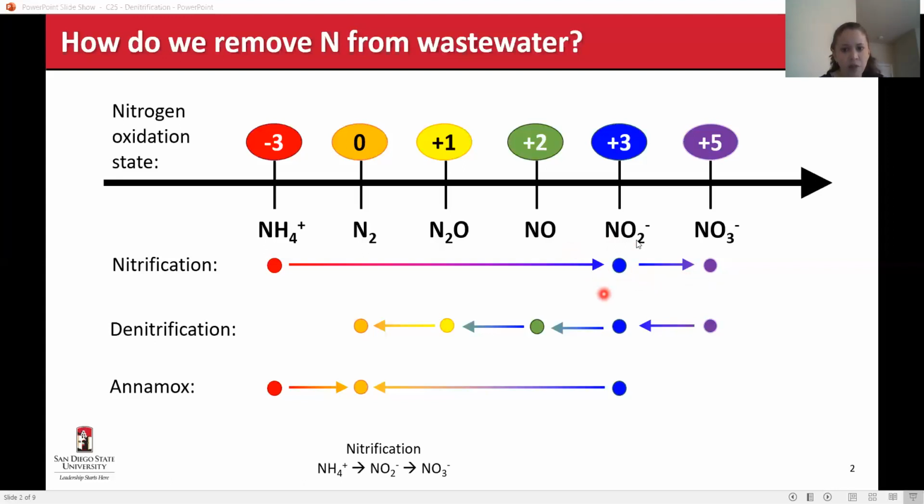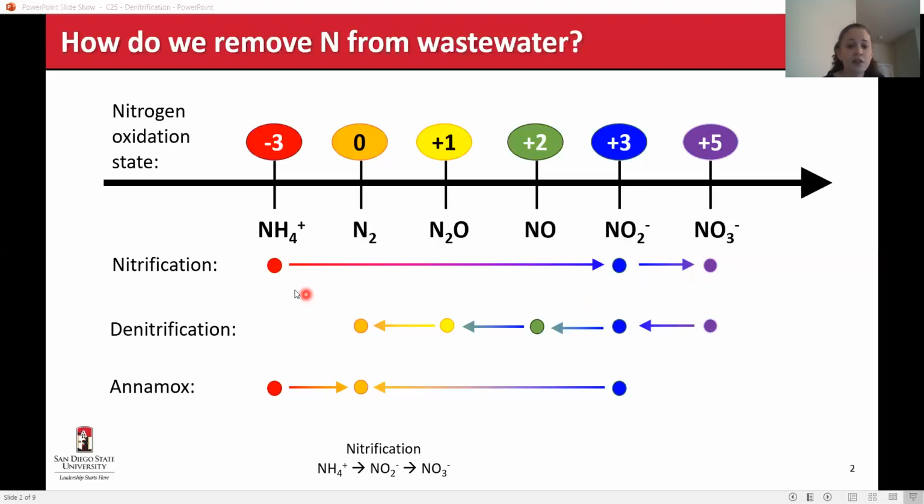They want to stop at some amount of nitrite with some amount of ammonium still left. And then they can move into this anammox process without having to provide all of the oxygen that's required to go from nitrite to nitrate, and then also provide carbon source, which we'll talk about in a minute, to make sure that denitrification moves down to the nitrogen gas.